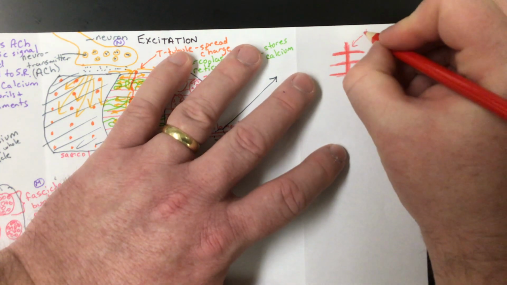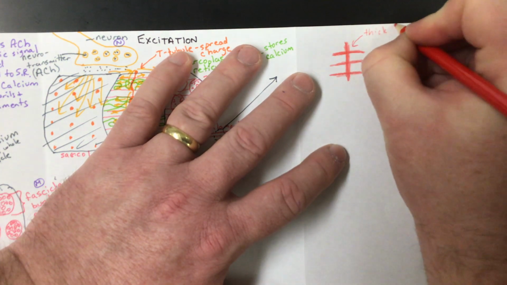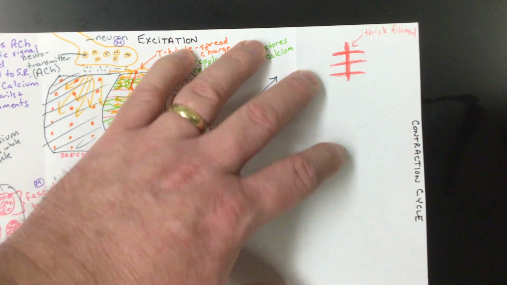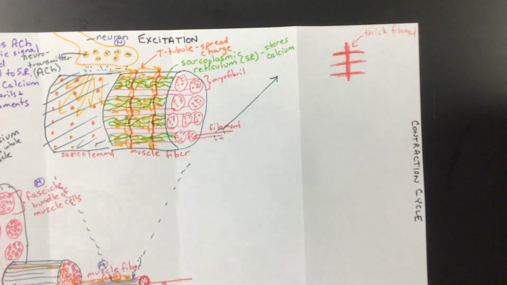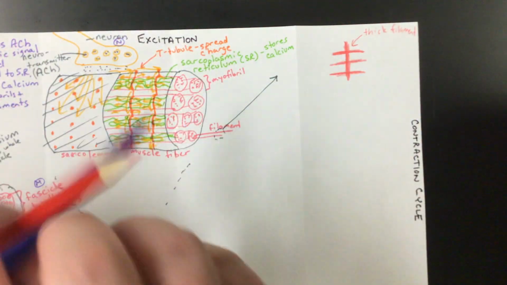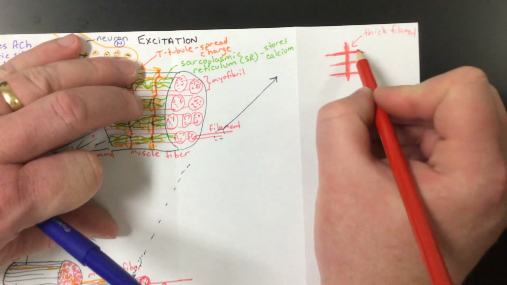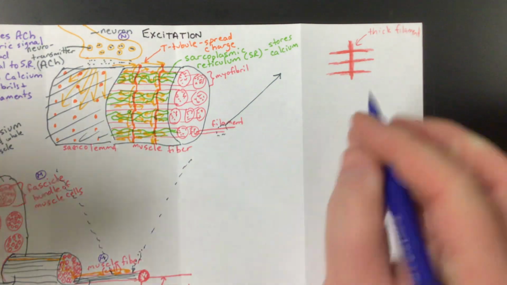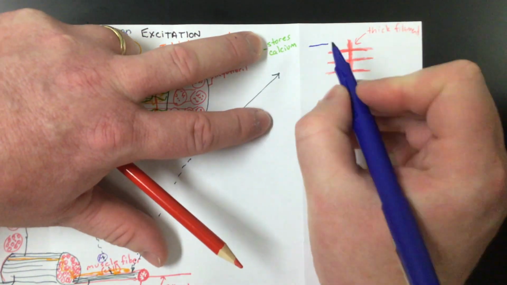Let's label that thick filaments. And our thin filaments are going to be interacting with those. Make these a little bit longer. We'll draw our thin filaments.